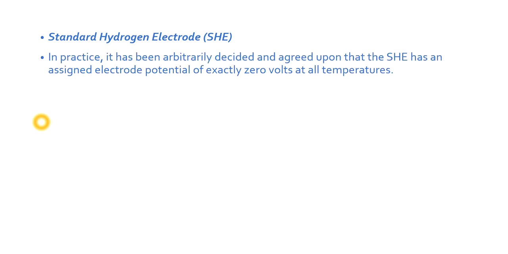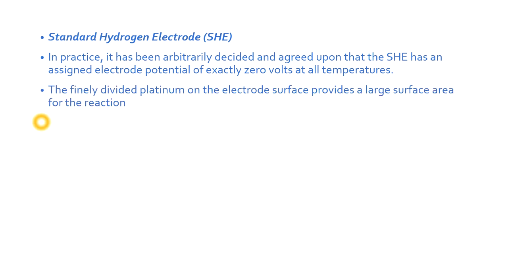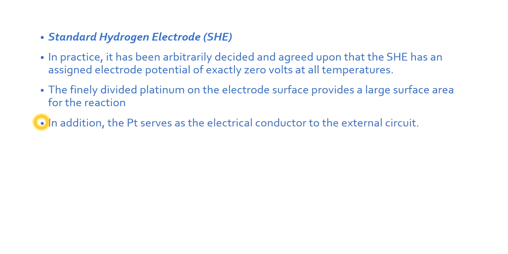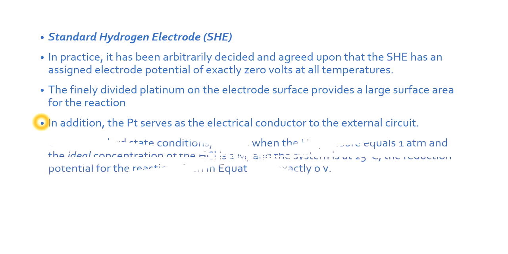The standard hydrogen electrode is another electrode. It was decided to use an electrode that should have a value of zero volt at all temperatures. The electrode consists of platinum, a platinized electrode, in an acid solution of hydrogen chloride, and the electrode is connected by platinum.